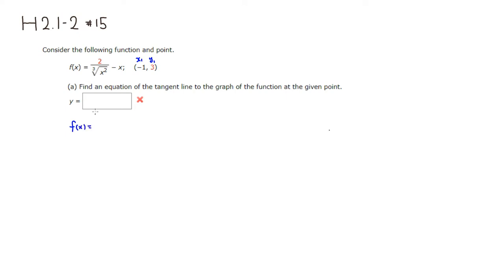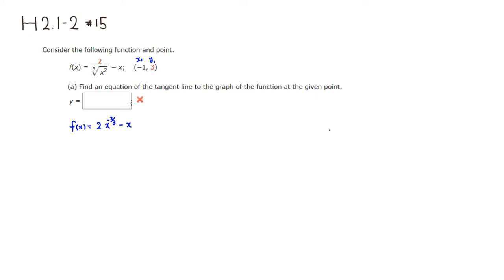So 2 is a number, so I'll put that in front. And since x is sitting on the bottom, you have a negative power, and there's a square there. And the cube root is a 1/3 power, so we have negative 2/3 power, and we have a minus x.